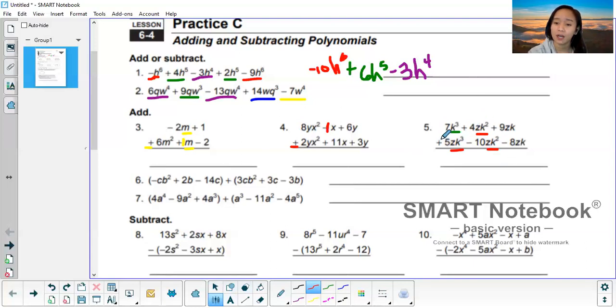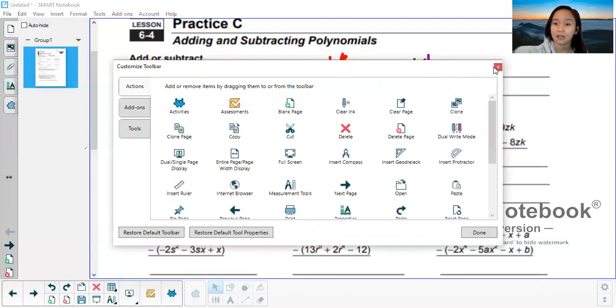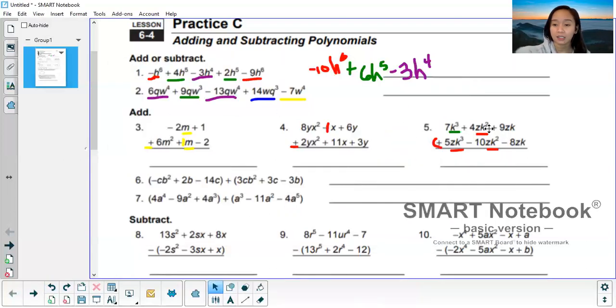So what's 4 plus negative 10? Take note, you have a negative in front of 10, so you should consider that as a negative 10. So what's 4 plus negative 10? Next, we have here zk. So for zk, you can just add 9 and negative 8. So what's 9 plus negative 8? Then you write zk. Okay?